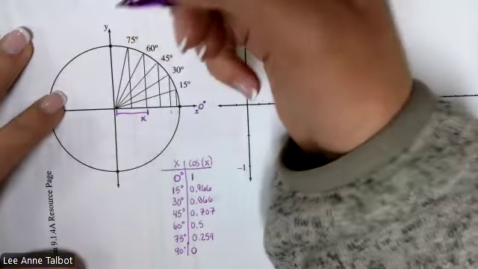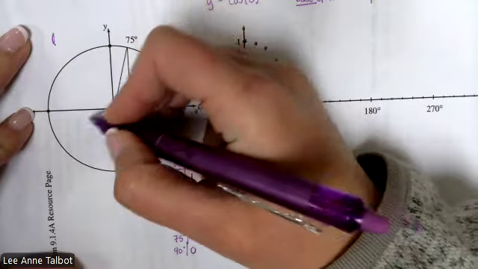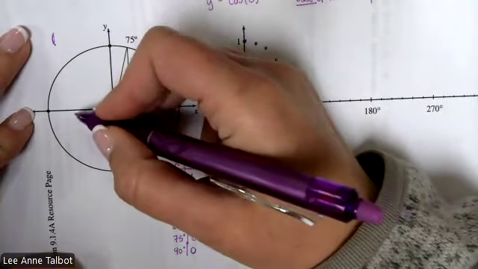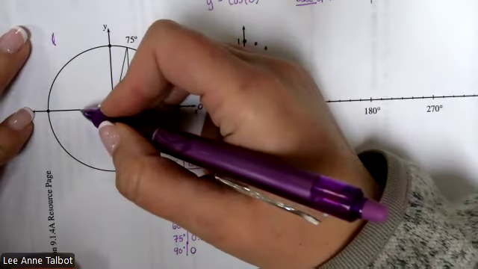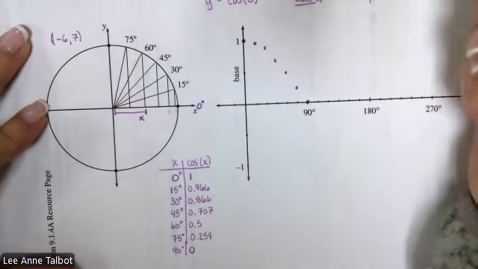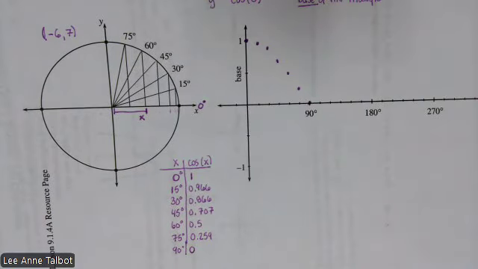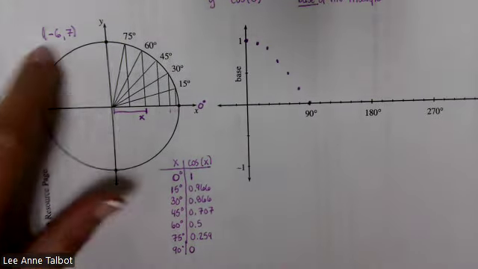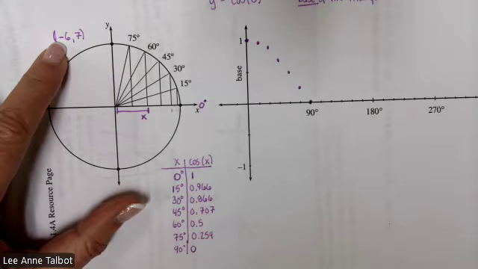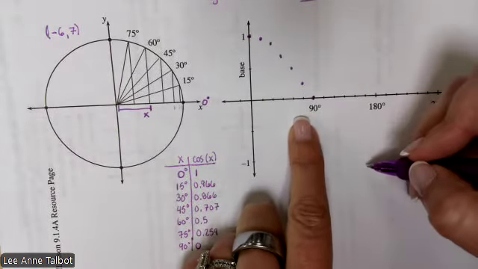Any coordinate that's in quadrant 2. Like (-6, 7). Wouldn't (-6, 7) live in quadrant 2? What do you notice about the x? It's negative. Okay, so that means your wave is going to go negative.